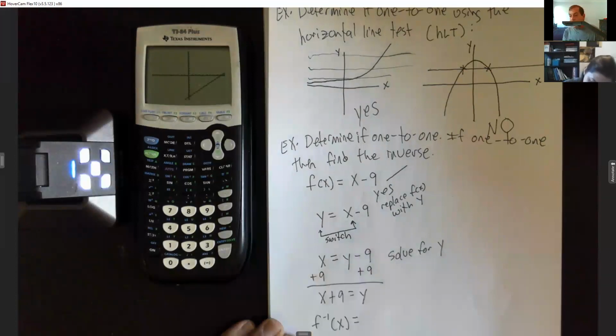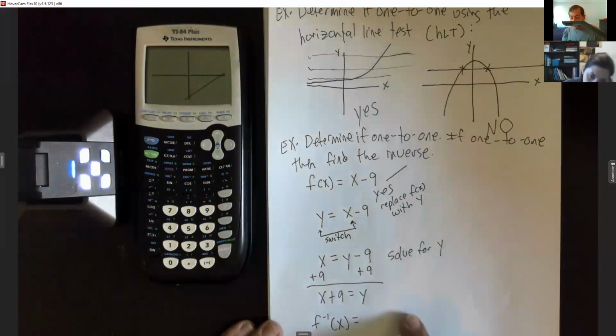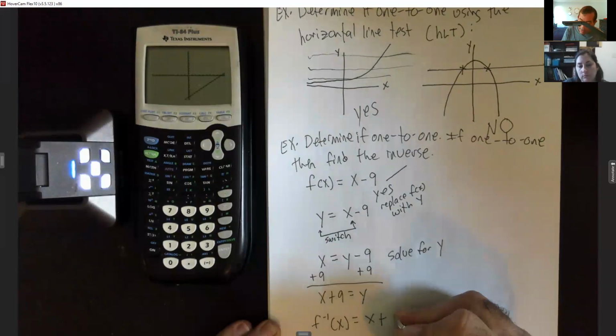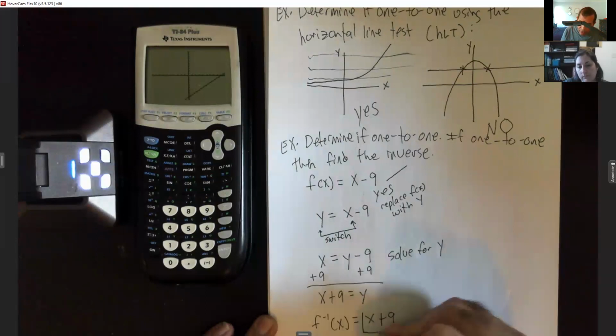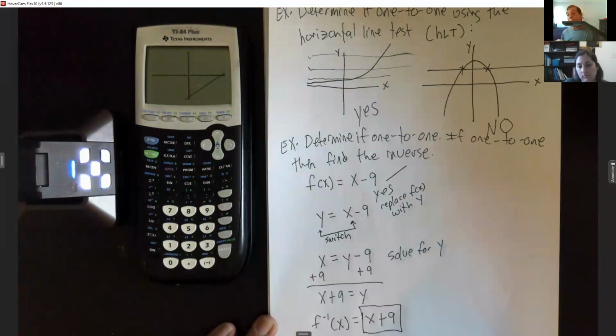And I'm just flopping the sides around, y'all, because I want this x plus 9 to be on the right side so that I get f negative 1 of x equals x plus 9. So MATLAB gives you the f negative 1 of x. All you're going to be putting in are your answers you're getting on these, okay?